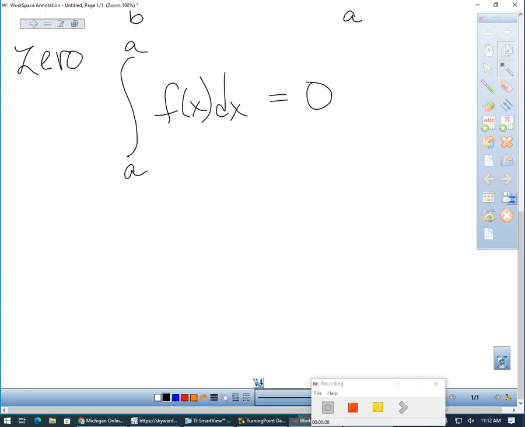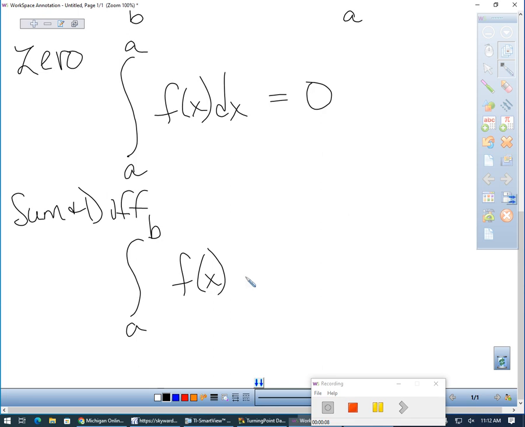Makes sense, right? All right, now we're going to do the sum and difference. Sum and difference. If I have an integral from a to b of f of x plus or minus g of x, so I actually have 2 terms in there, 2 functions in there, right?